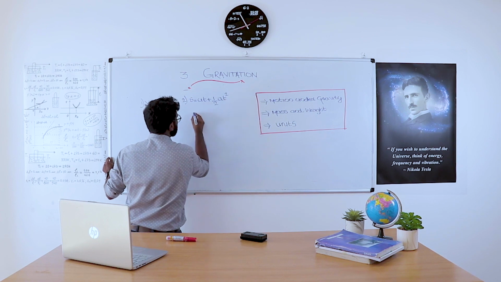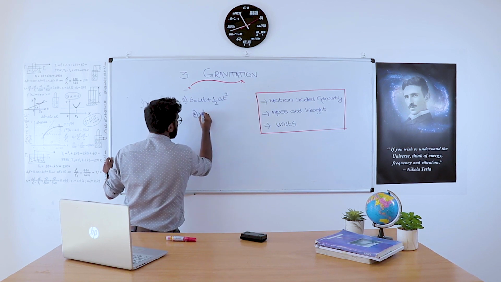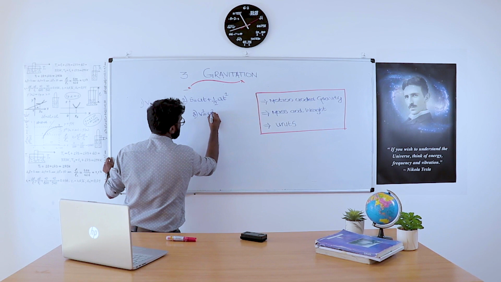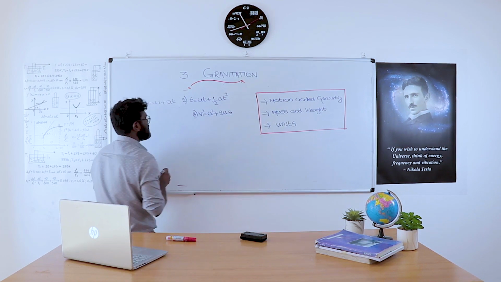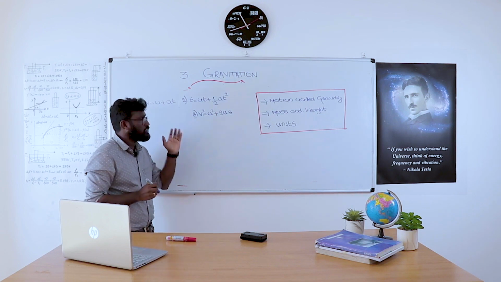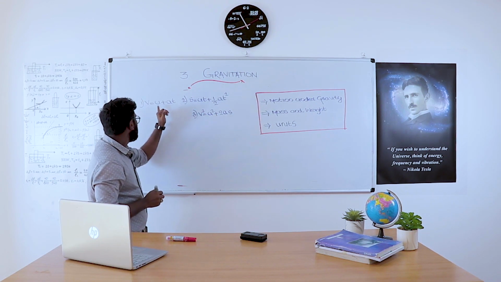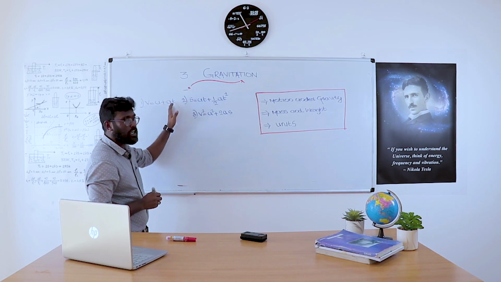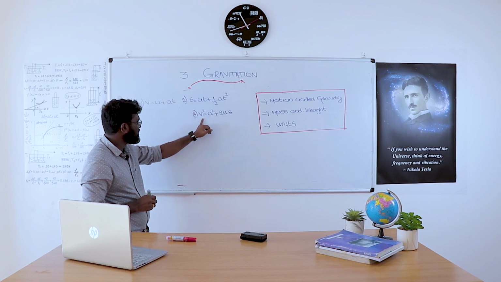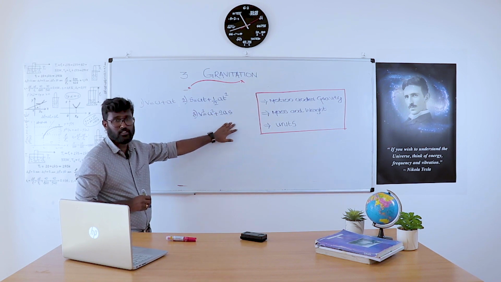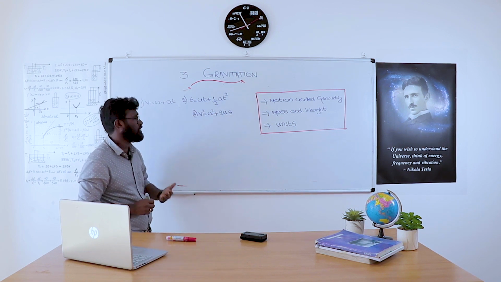The third one is V square is equal to U square plus 2AS. So these are the 3 equations of motion. V is equal to U plus AT is the velocity-time relation, S is equal to UT plus half AT square is the displacement-time relation, and the third one is the velocity-distance, velocity-position relation.